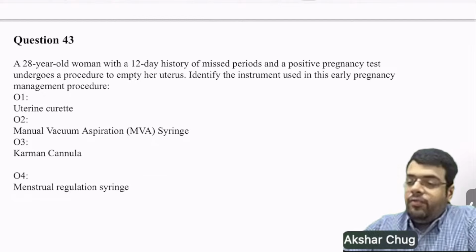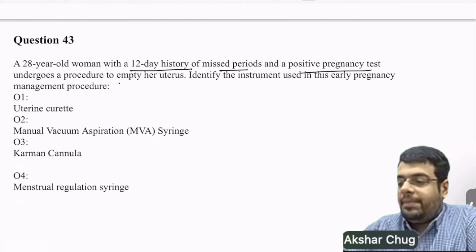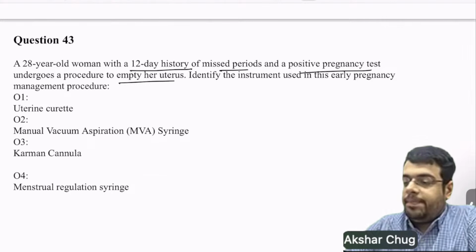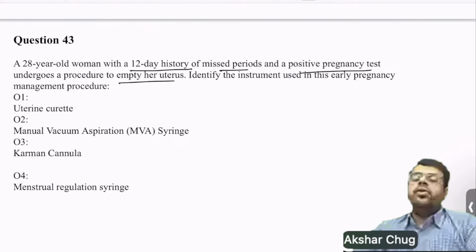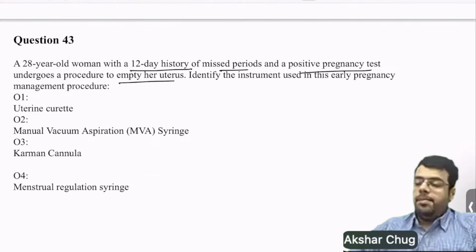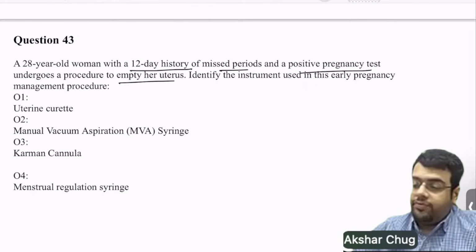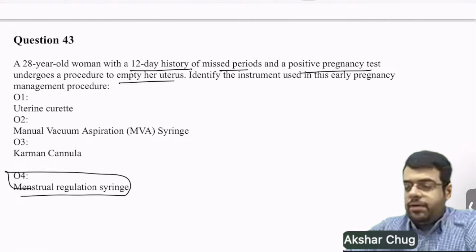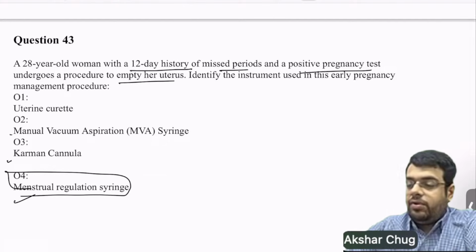A 28-year-old woman with a 12-day history of missed period and a positive pregnancy test undergoes a procedure to empty her uterus. Identify the instrument used in early pregnancy for the management. So here the image was given of a menstrual regulation syringe. Now there is a very minute difference between the menstrual regulation syringe and a manual vacuum aspirator.